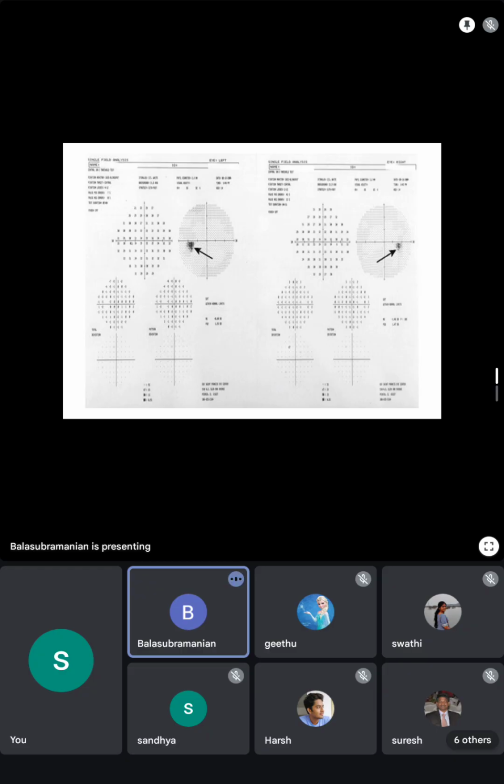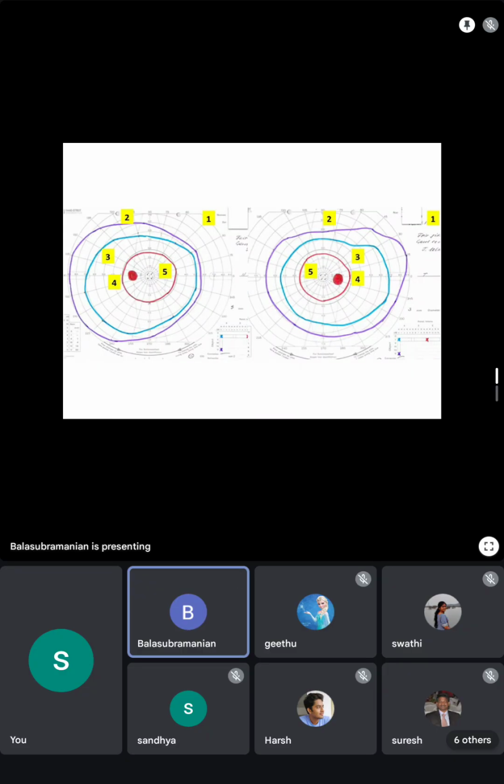Okay, this one we are not going to discuss in detail, but what are these lines? There is a term, isopter. What are they?